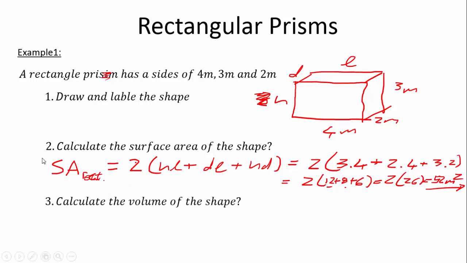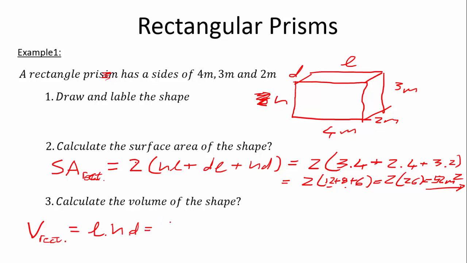Okay, what is the volume of the shape? We know quite simply that the volume of a rectangular prism is equal to the length times the height times the depth.